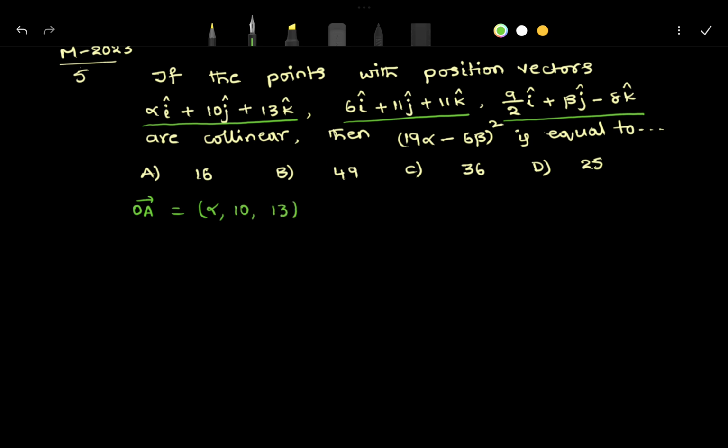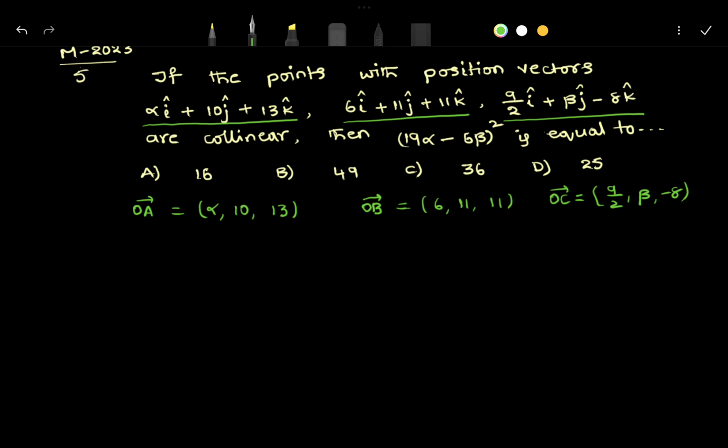I think everyone knows how to write a vector in geometric form; it is nothing but 3D. And next, OB is 6 comma 11 comma 11. And OC is 9 by 2 comma beta comma minus 8.